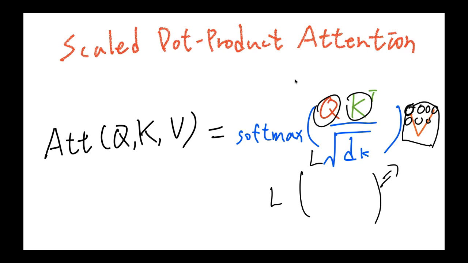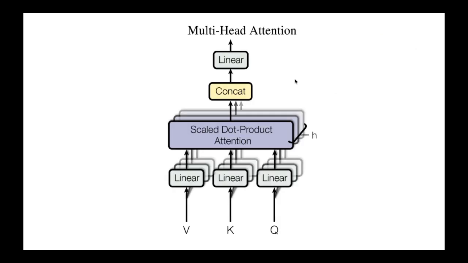Okay, I hope it's a little bit clearer now. Definitely, it's not a one-time thing. You need to go through the paper, and go through this video maybe multiple times, in order to understand it better. It's probably hard to understand it just by reading the paper or watching this video once.